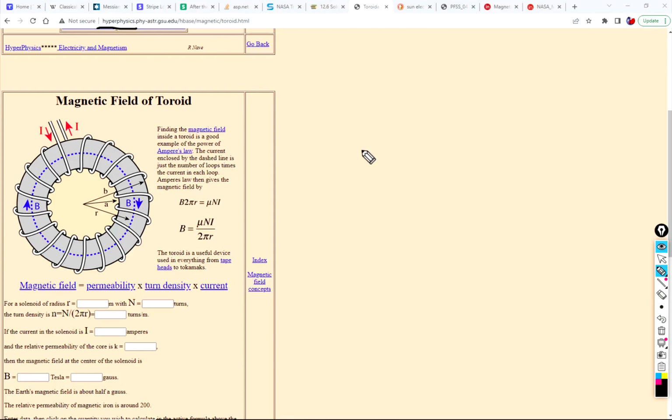Electromagnetism, that is gravity. So there's the magnetic field of a toroid. This is oversimplified because this is a man-made version, but the Earth and the Sun are not made by man, are they? So not so simplistic, but this should give you the idea of what's going on.